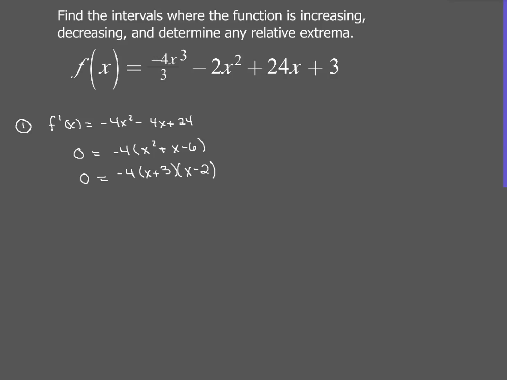Once we get it factored, you're going to set each one of those factors equal to 0, and then solve to determine the critical numbers. So the very first thing we did was find the first derivative, set it equal to 0, and then determine the critical numbers for our derivative.